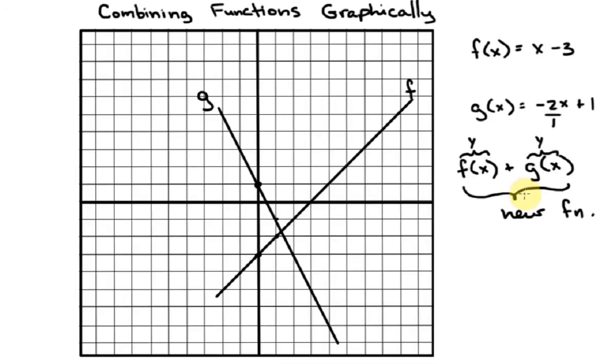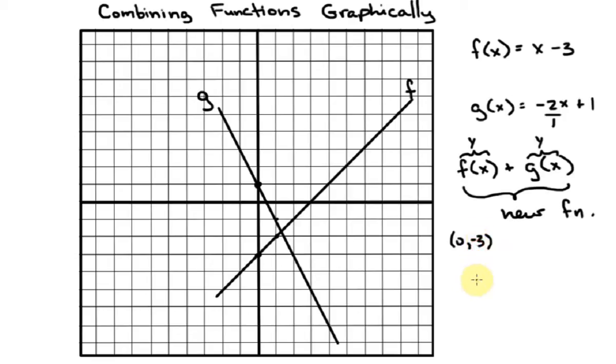In other words, let's say I pick some points. Why don't I just say, let's see what happens when x is 0 and get a point on function f. So if I go to function f here, if x is 0, function f is down here, it has a value of -3.